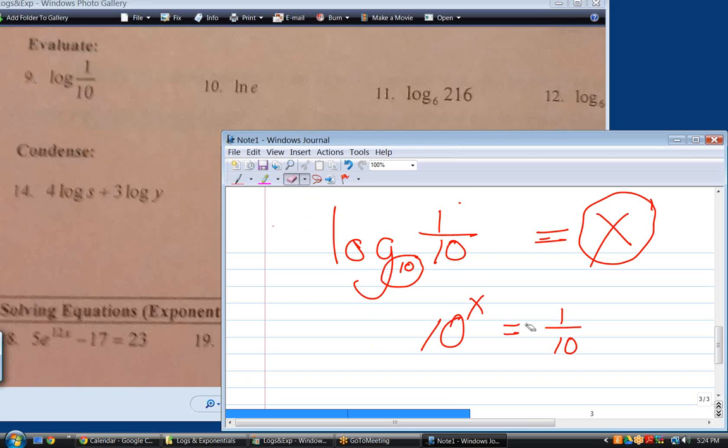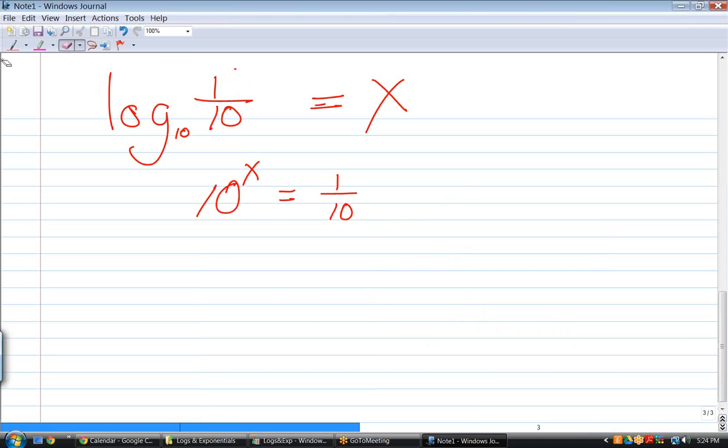We don't really need a calculator. We don't need logs. We don't need anything. 10 to what power is equal to 1/10? -1. Correct. So x equals -1.